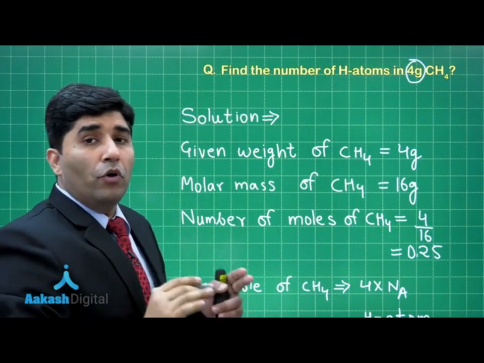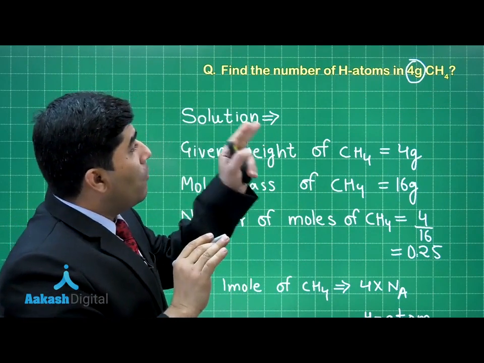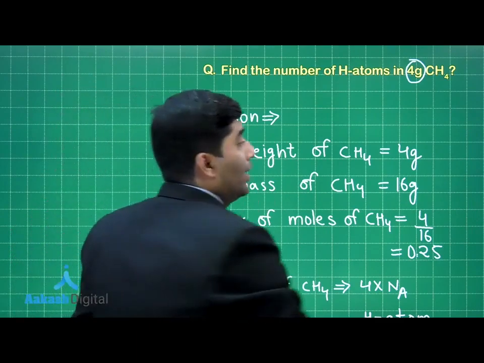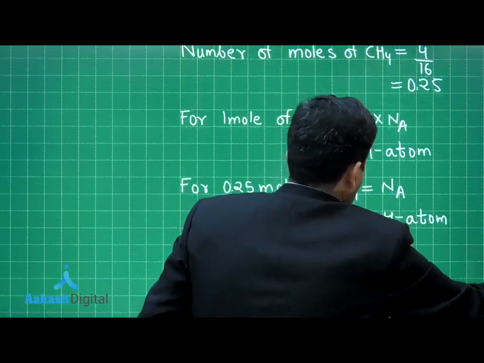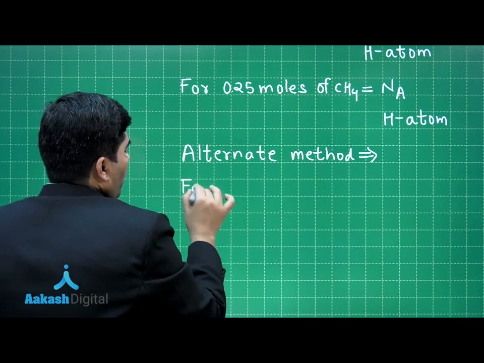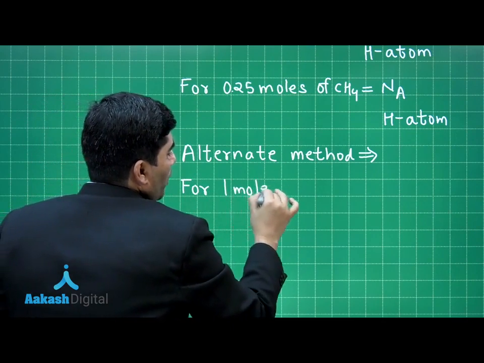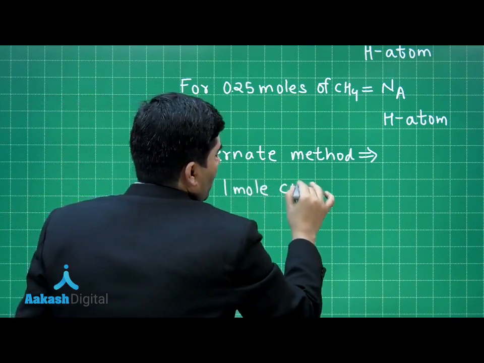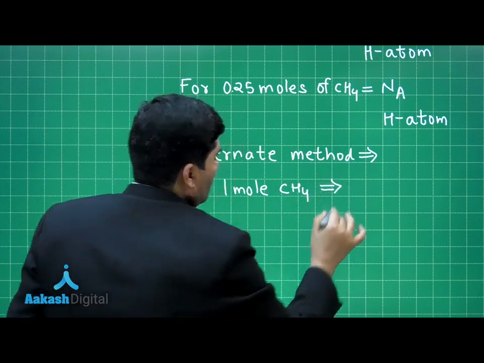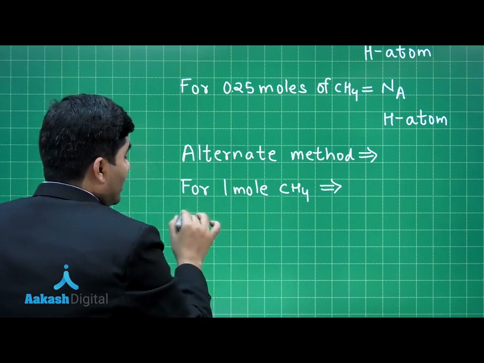So we have to find out the relation between the mass of methane and the number of hydrogen atoms, and that relation is for 1 mole of methane, we all know that the molar mass of methane is 16.